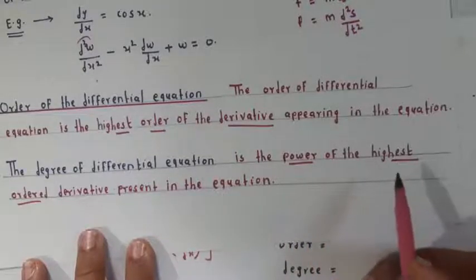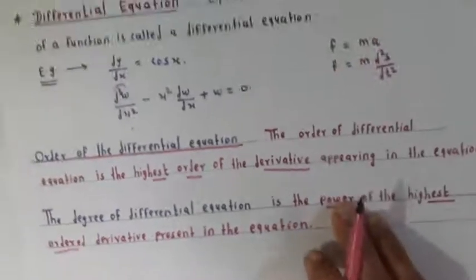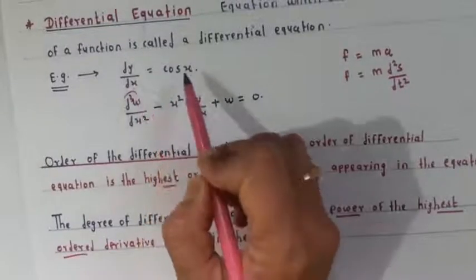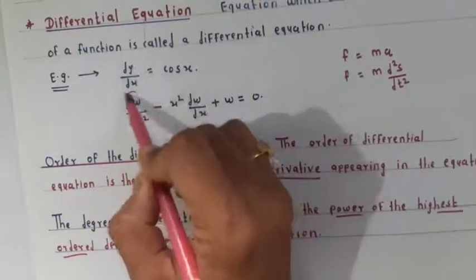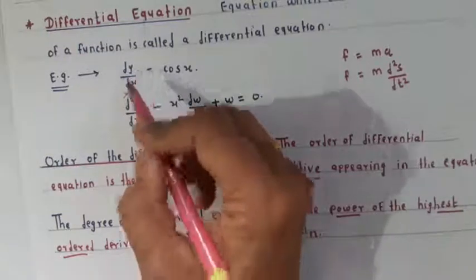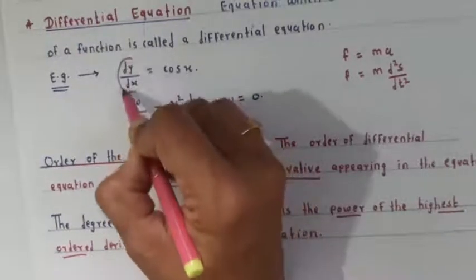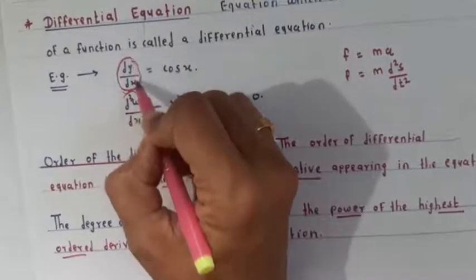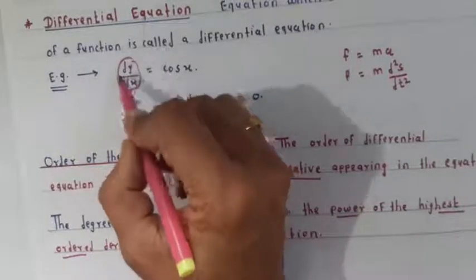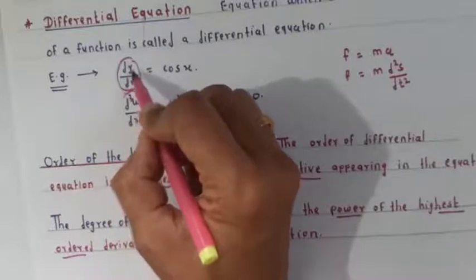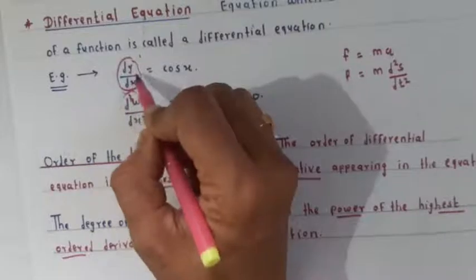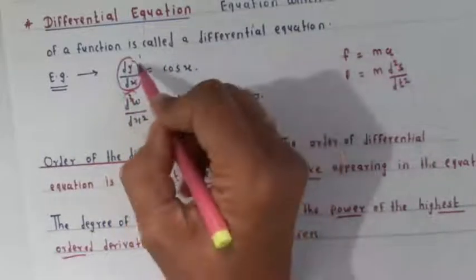Suppose in the equation dy by dx equals cos x, the highest order is 1. And what is the power of this highest order? Power means its index. So the power of the highest order is 1, and so the degree of the differential equation is 1 here.